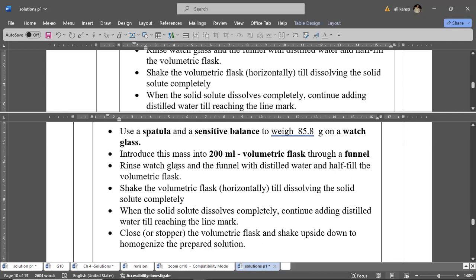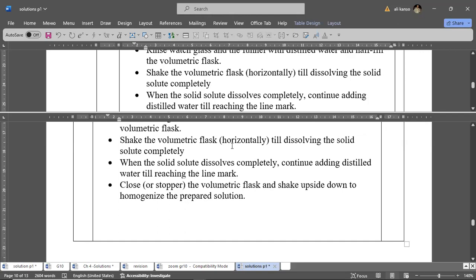Shake the volumetric flask until the solid dissolves completely. When it dissolves completely, continue adding distilled water until reaching the line mark. Finally, close the flask and turn it upside down many times in order to homogenize the prepared solution.